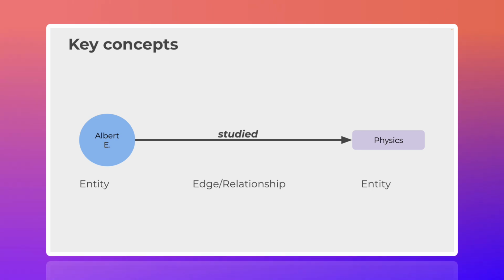Then we have this relationship, relating what's on the left to something else on the right, and these are called edges. They connect and represent how entities are related to each other. But also, with our entities, we could have what we call attributes. These are properties or characteristics of those entities. For example, the entity Albert Einstein might have attributes like birth date, nationality, and profession.